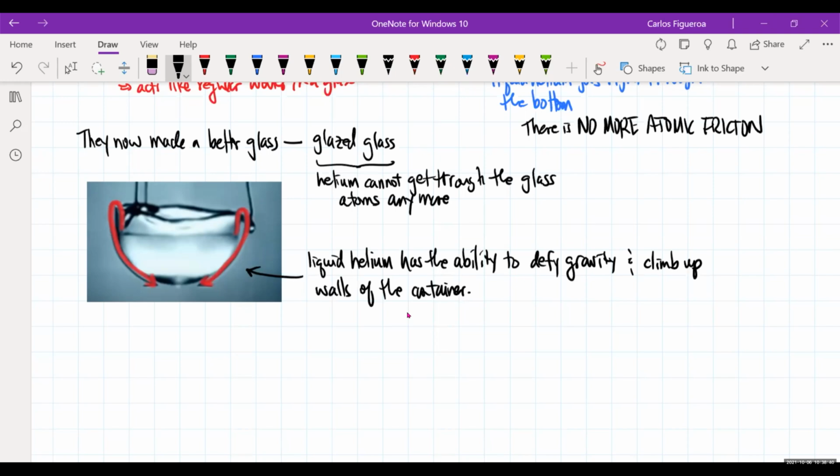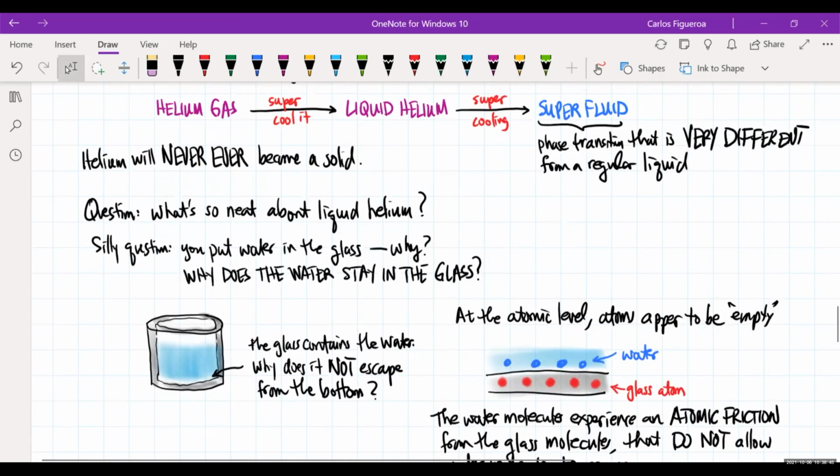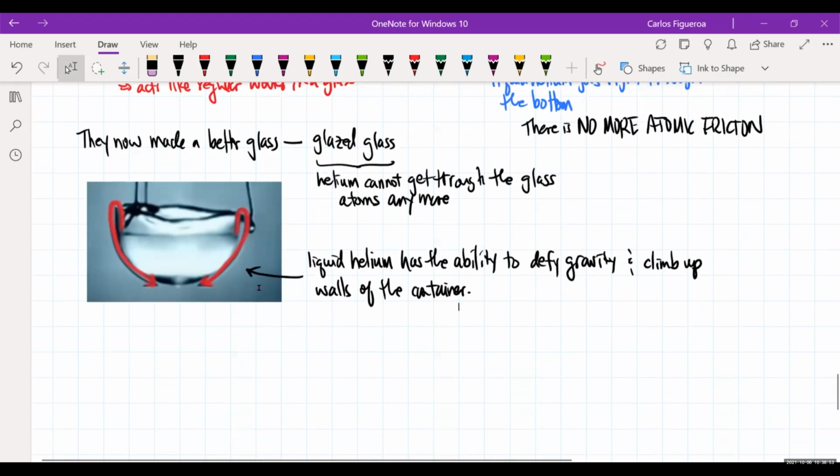What I mean by my silly question beforehand is, why do you put water in a glass? Because you know it's going to stay there. That's not true for a superfluid. A superfluid has the ability to climb walls.